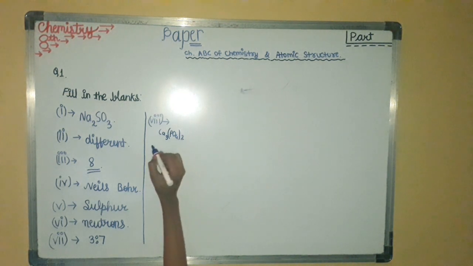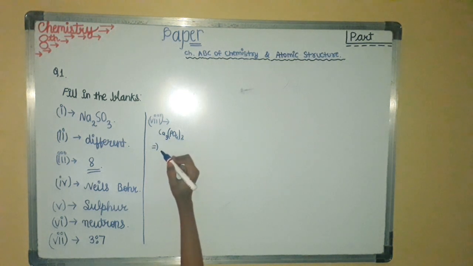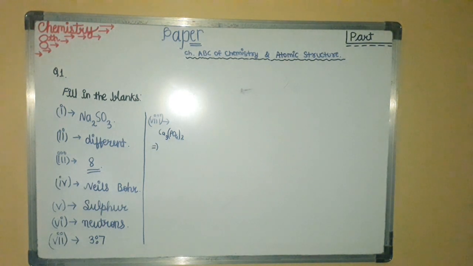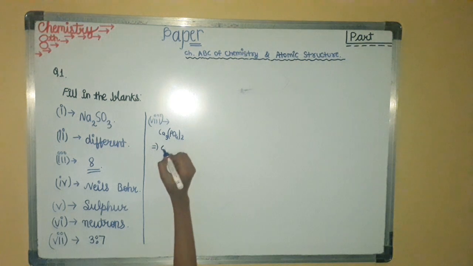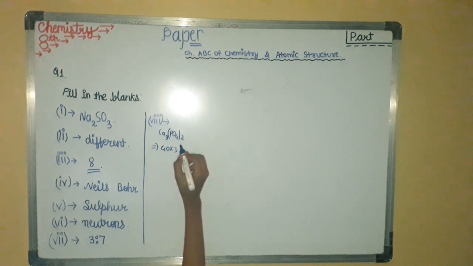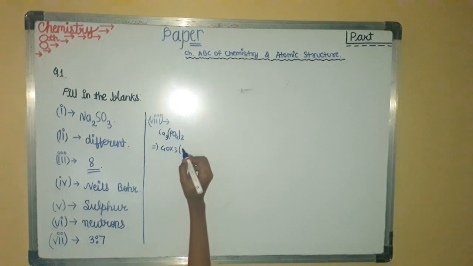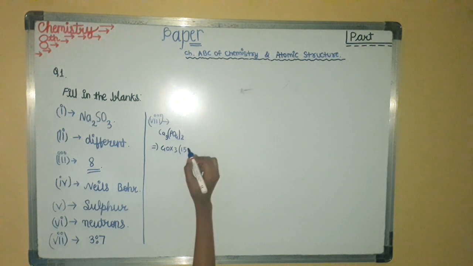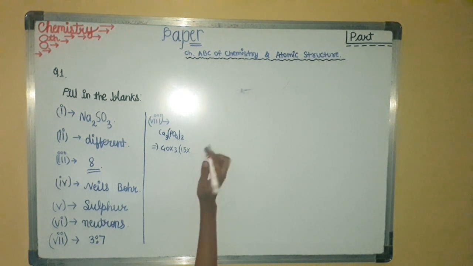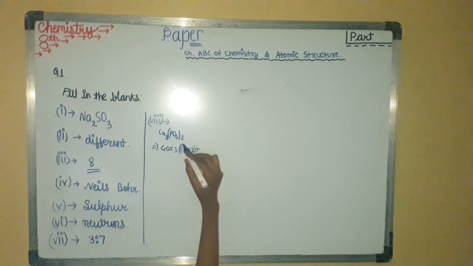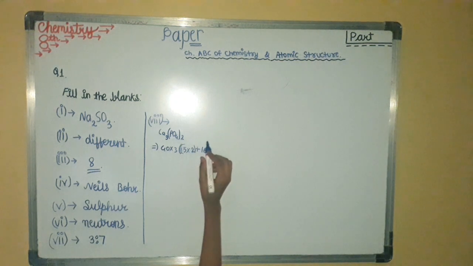So by solving, calcium's atomic weight is 40 into 3, and phosphorus is 15 into 2.